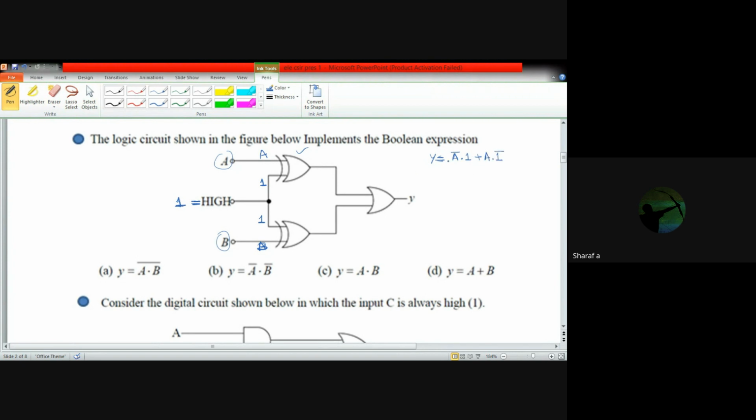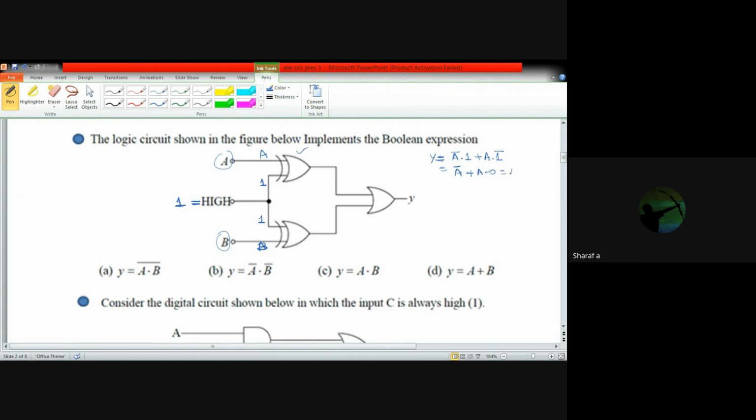The inputs are A and 1, so I just wrote the expression in the same way. A bar dot 1 is nothing but A bar. A bar into 1 is A bar, plus A into 1 bar. The complement of 1 is 0. Then this will be A into 0, and A into 0 is 0.